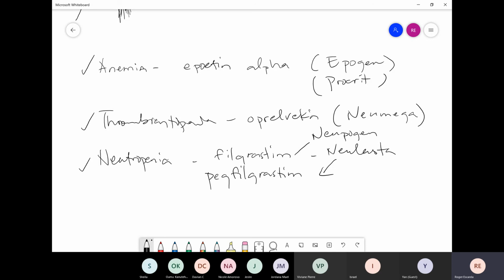Neutropenia, because this forces your marrow to produce white blood cells, this may cause bone pain, among other side effects. So use your drug book. If you can't find these 3 drugs in your textbook, use your drug book.